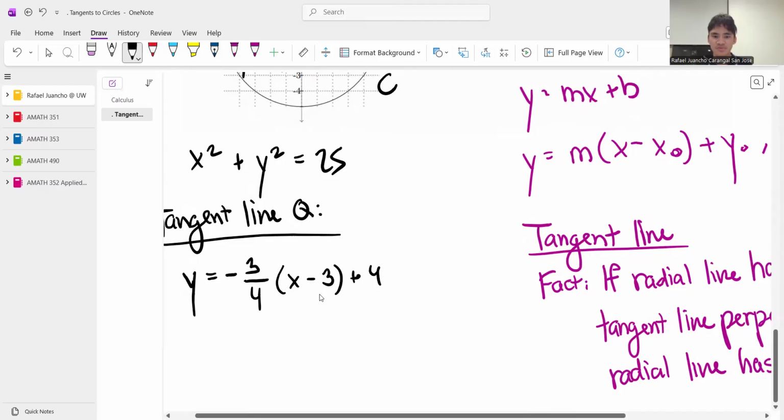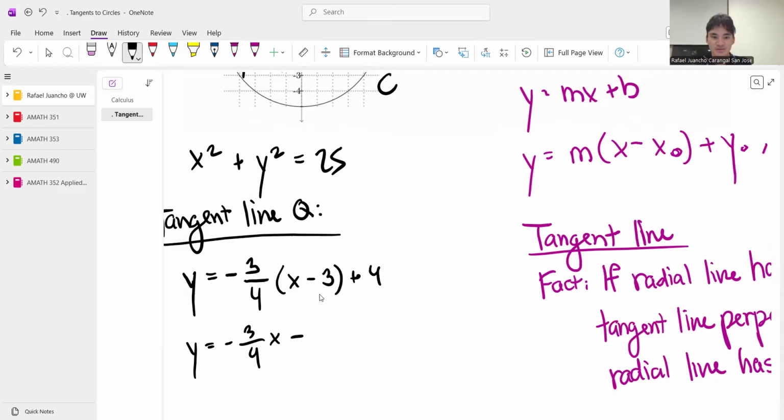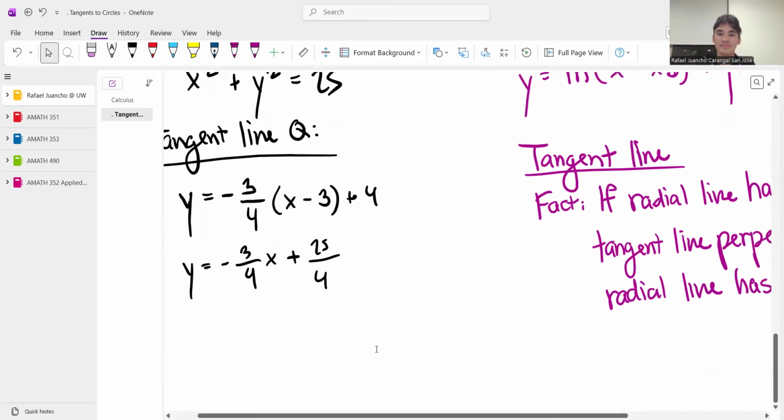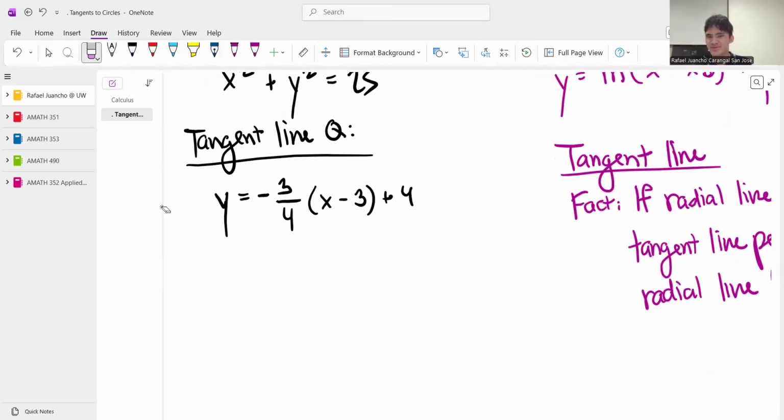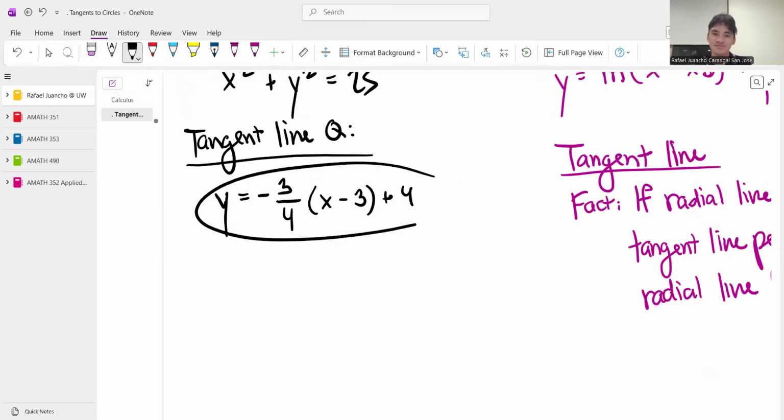Now, if you really want to simplify it, then just solve it. Okay, 9 over 4. I think I can do this. Yeah, 25 over 4. I can do that. Same idea, right? But honestly, I would stick with this.